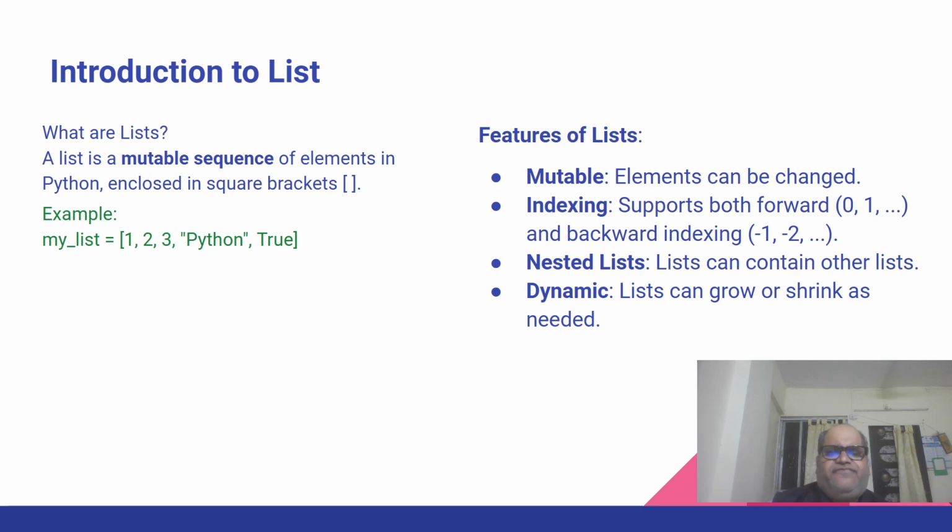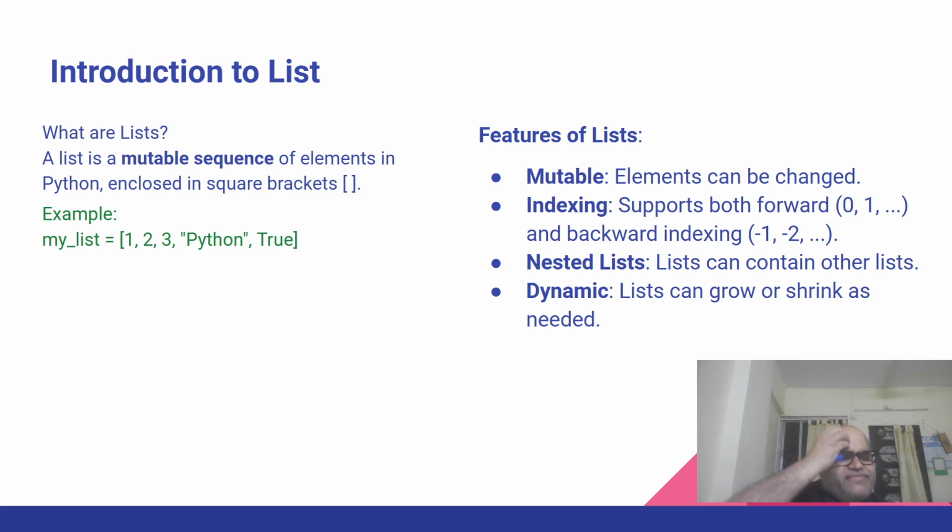What are the features of list? It is mutable, so elements can be changed post declaration and assignment. We can index them, right? Both ways, forward from 0 till length of the string, and from backward by -1, -2, etc. Nested list, so a list can contain other lists, right?